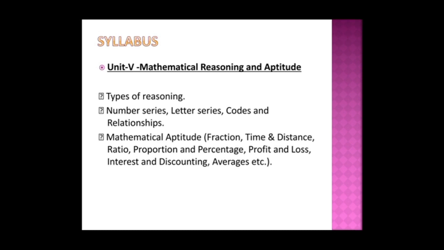You can download them from the site, or buy handbooks. Practice these questions and you will become familiar with them. And mathematical aptitude: fractions, time and distance, ratio, proportion and percentage, profit and loss, interest and discounting, average, etc. These all come under mathematical and reasoning aptitude.